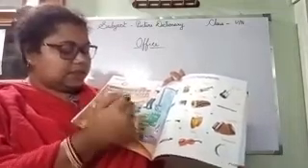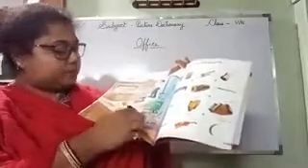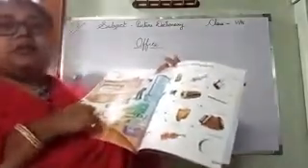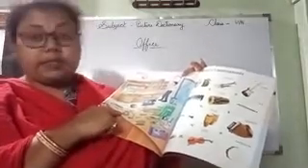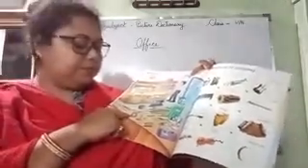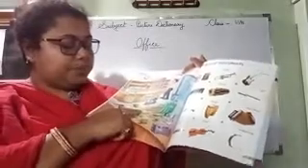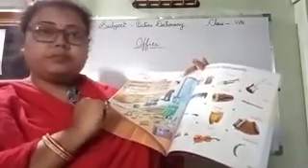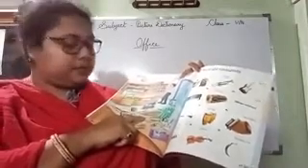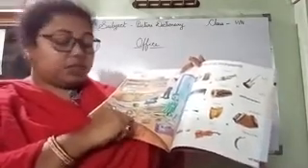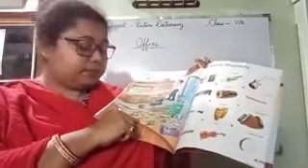This one speaker. This one scanner. This is punch machine. This one paperweight. Then here it is writing pad. This one glue stick.